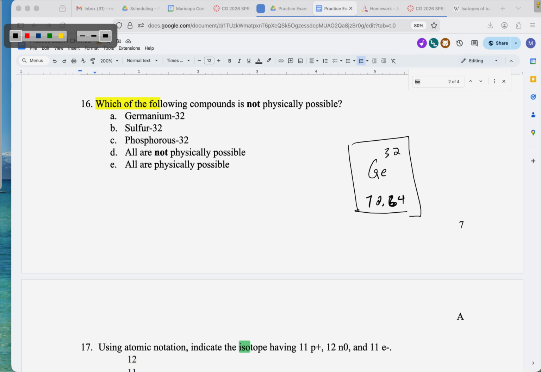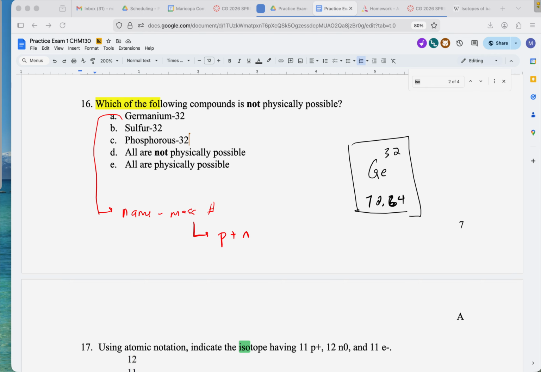That's where I thought you were going with neutrons at first. This notation is the name followed by the mass number. Okay, that's in specific reference to isotopes, a particular isotope with that matching mass number. So if we're saying name dash mass number, what is the mass number? Okay, as was suggested, this is the protons plus our neutrons. If we wanted to get real fancy, we could put the charges in the upper right-hand corner.